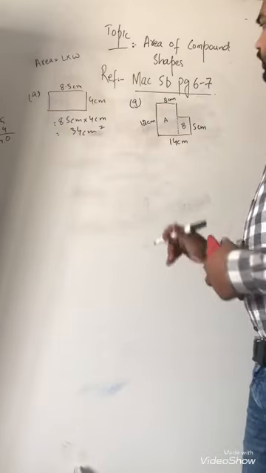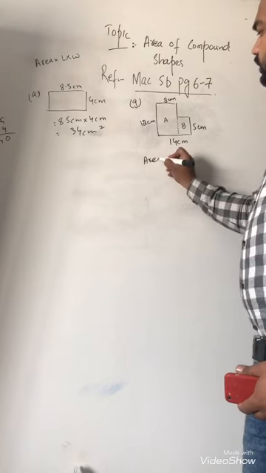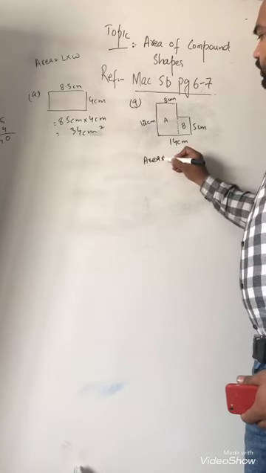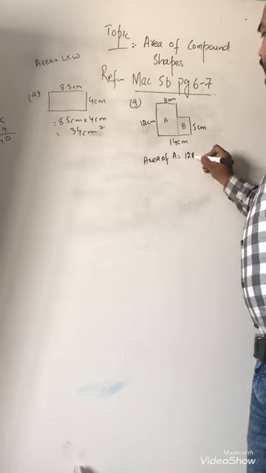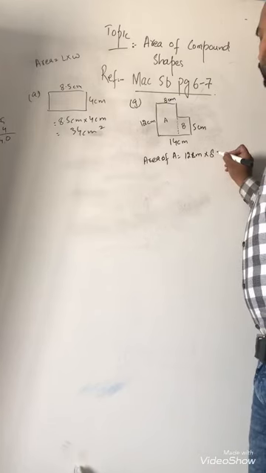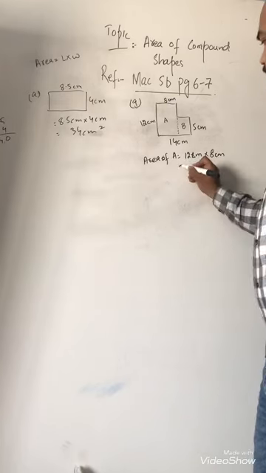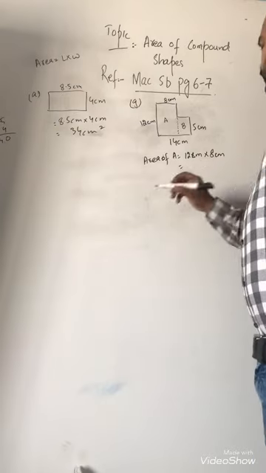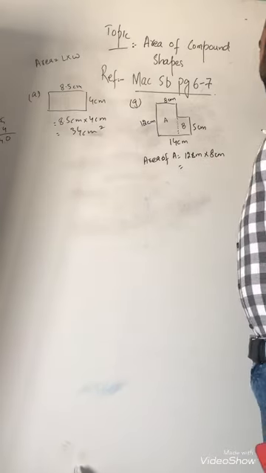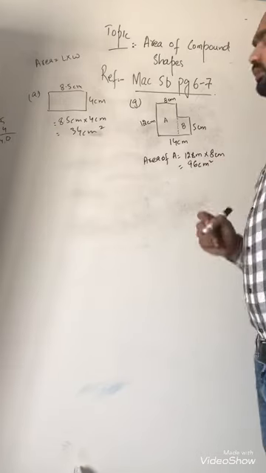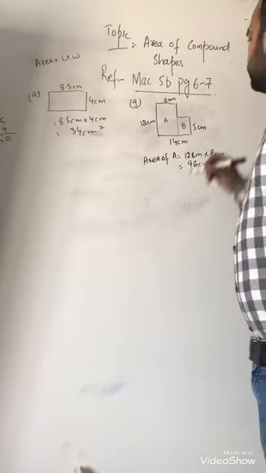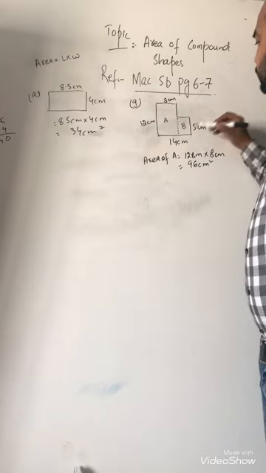So finding out the area of A is very easy: you will multiply 8 centimeter by 12 centimeter. So the answer will be 96 centimeter square, right?